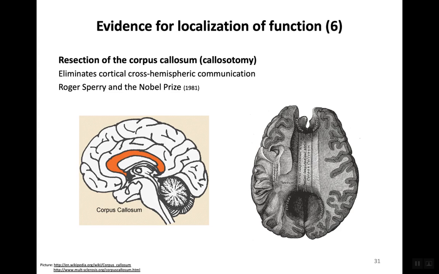So what that means is that localization of function is not entirely a discussion about small, tiny parts of cortical areas, but we can talk about localization of function even in the case of an entire brain hemisphere. And for this research, he was awarded the Nobel Prize in Medicine.